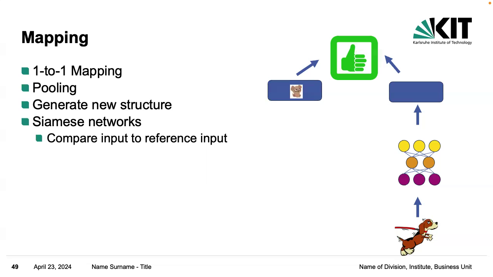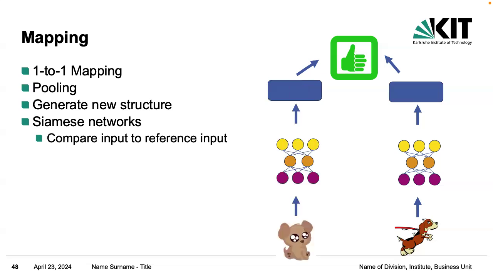Can we do this here also? What might happen if you just put in your same images and you try to make your loss the difference between these two? Does anybody see a problem which might happen?